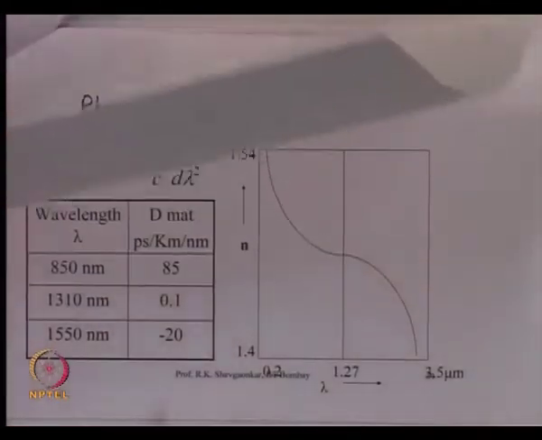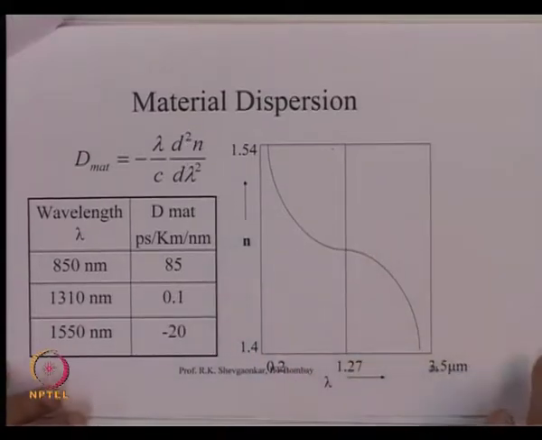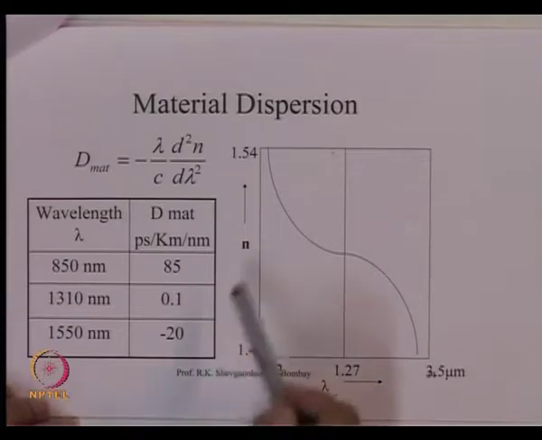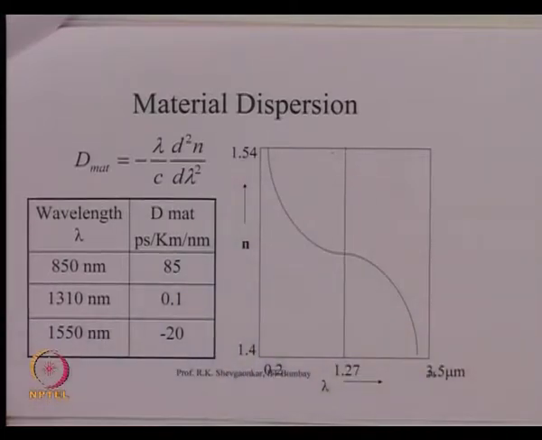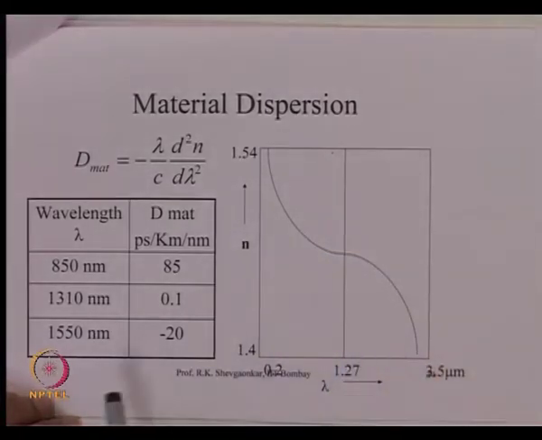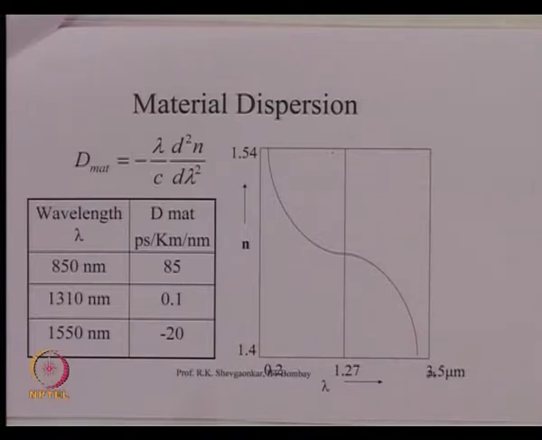And then we plotted the refractive index for material glass and realized that the second derivative of refractive index with respect to wavelength gives you the curvature of the function. So, here we have a curvature of one type, here we have a curvature of opposite nature. So, curvature must be going 0 somewhere here, and that wavelength we found out to be 1.27 micrometer or 1270 nanometer.